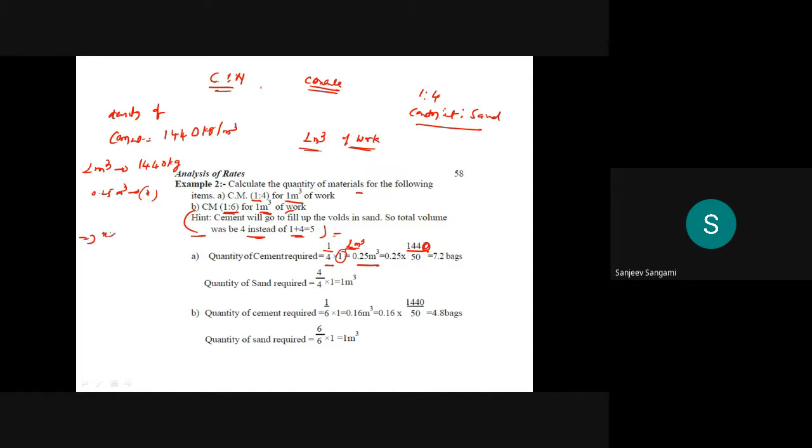So x into 1 meter cube is equal to 1440 into 0.25. So you'll get x equal to some kgs.